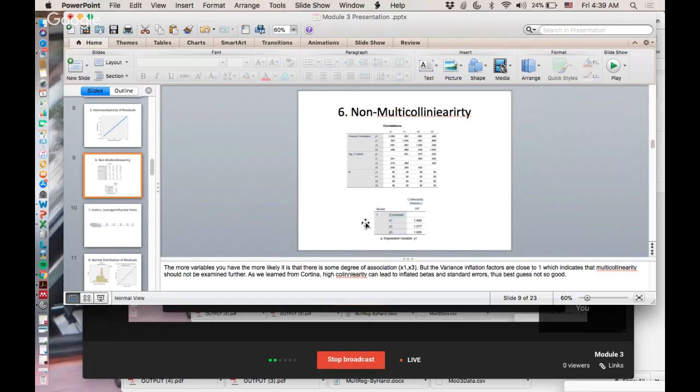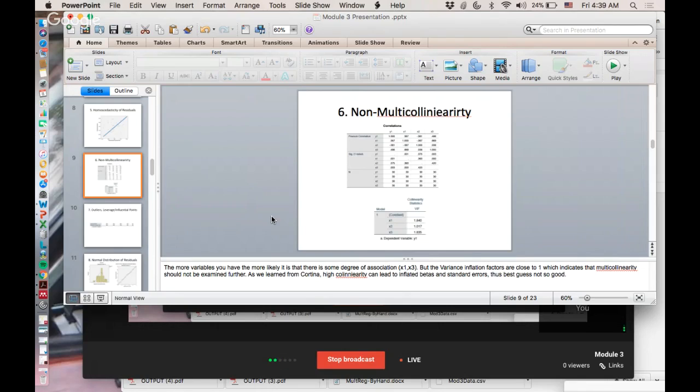So what I did to check that was look at the variance inflation factor, and a value of 1 indicates that there isn't collinearity, and these values are right around that. So I don't believe that collinearity is a problem for this data set.